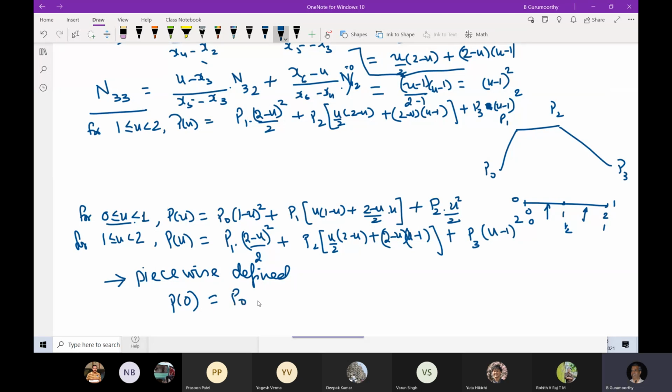And I get that. And then I try to find P of 1, sorry, P of 2 first. That is easier. Again, the first three terms are all 0 because of this term 2 minus u. They'll all drop off. The only non-zero term left will be P3.